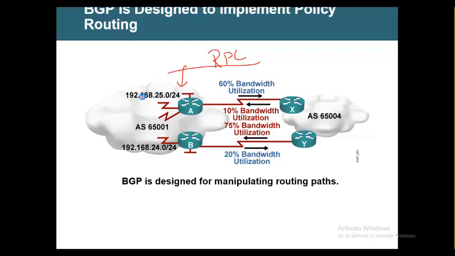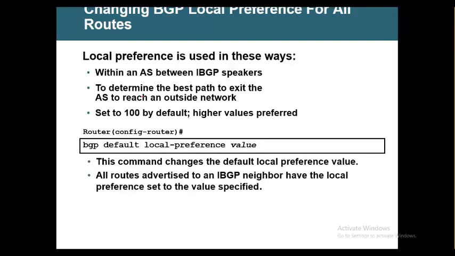But if you have a policy for all networks, then you don't need a route map. You can simply go to the router and say this router's local preference is 200, meaning for all networks that are advertised into this router, which can be advertised by this router to other inside routers, this is the preferred exit.